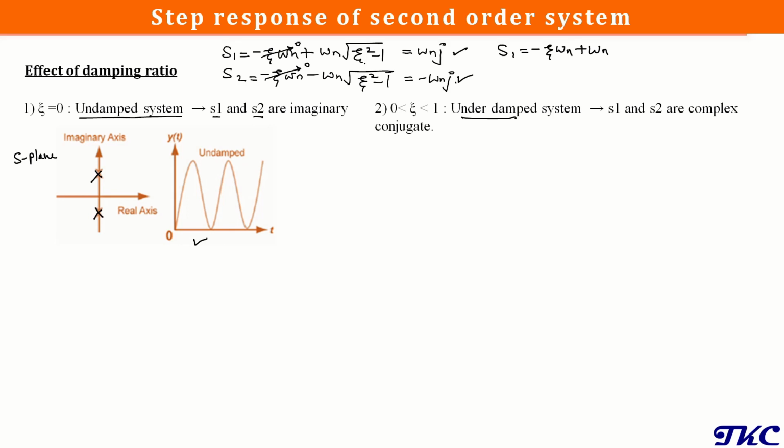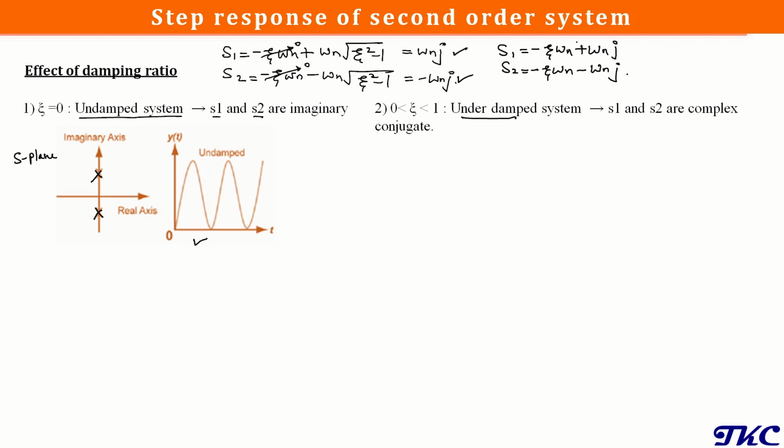So if it is anything between 0 and 1, it is going to give us a value which will be negative under the root. That is going to give us a complex number. So here we will again have the value j, and similarly we will have S2 also similar: minus zeta omega n, but here the value will be negative omega n j. So if we see here, S1 and S2 are what? They are complex conjugates of each other.